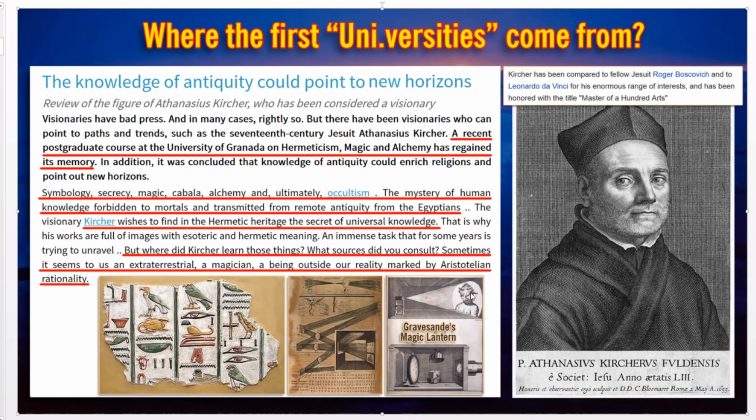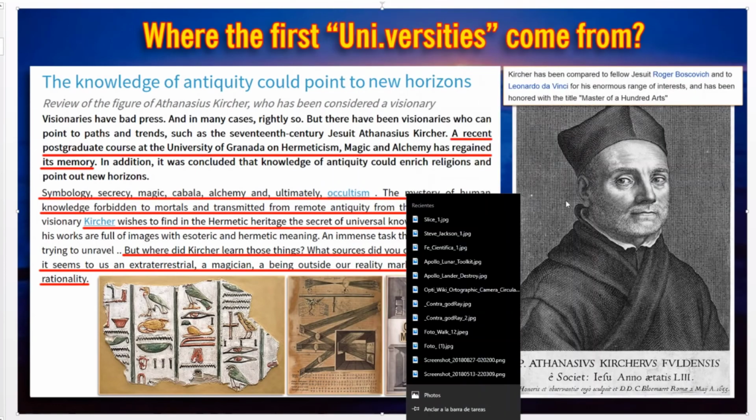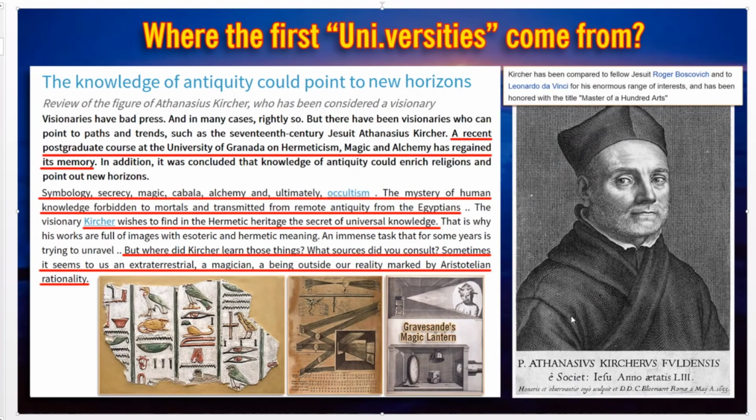And look how iconic it is, the image that they project in the magic lantern. Why don't they project a nice landscape? No, they project a demon. It's crazy, man. I mean, they're trying to put fear in your spirit all the time, because if you do bad things, a Jesuit Kircher is going to come and get you.